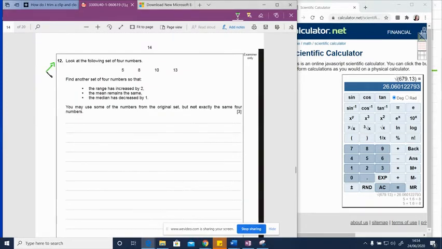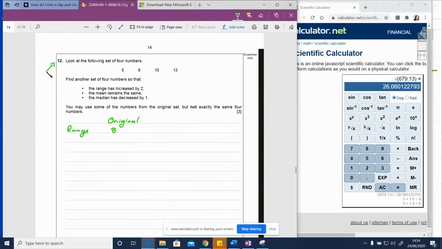Question 12. Look at the following set of four numbers, 5, 8, 10, and 13. Find another set of four numbers so that the range is increased by 2, the mean remains the same, and the median is decreased by 1. Well, if we look at the original four numbers, the range is the biggest number take away the smallest number, which is 13 take away 5, which is 8.